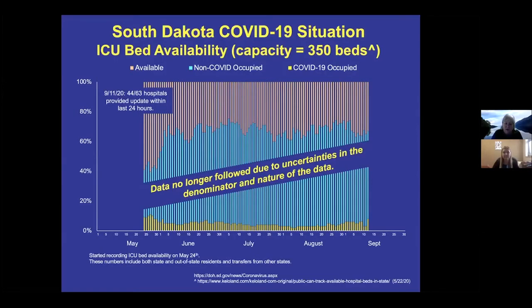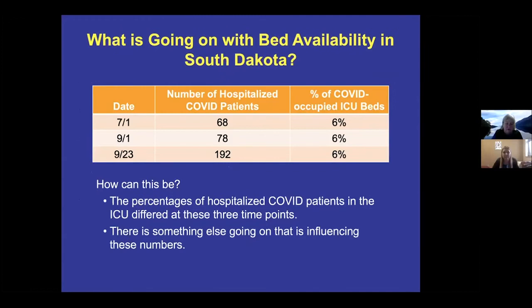And part of that has to do with that Have Bed data system, and I'll try to explain that a little bit further. Originally, I thought that they were always using this denominator, 350 beds. That was in a news release that came out of the state back in May. And I just wasn't sure what was going on and looked into this Have Bed a little bit closer.